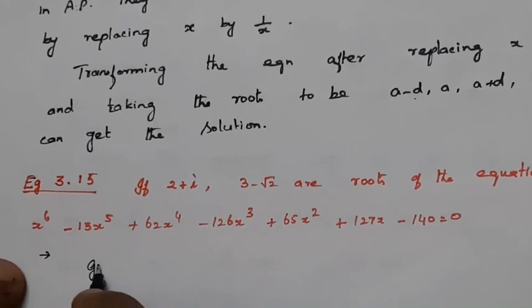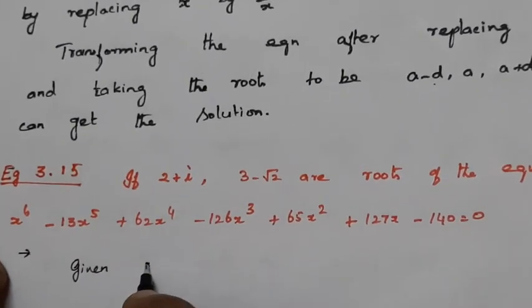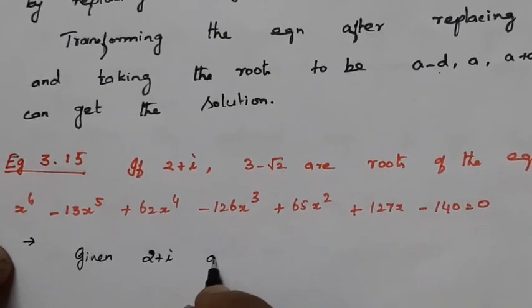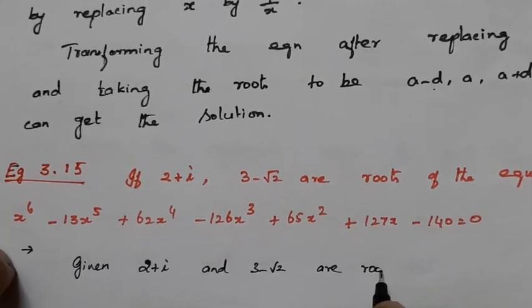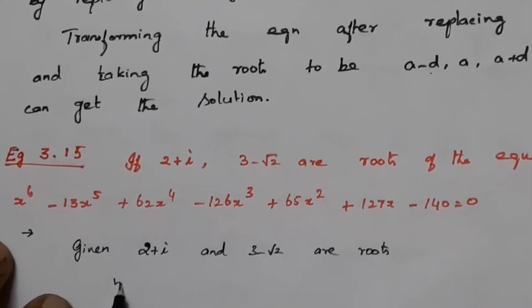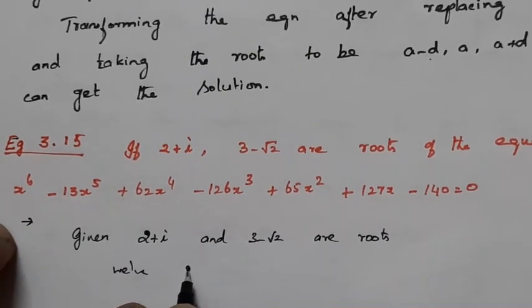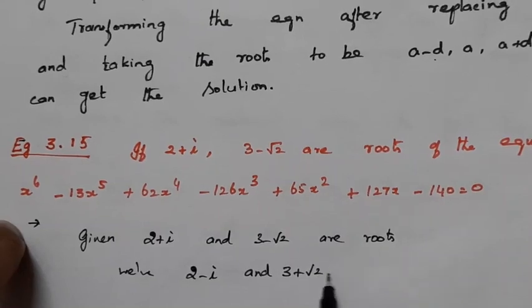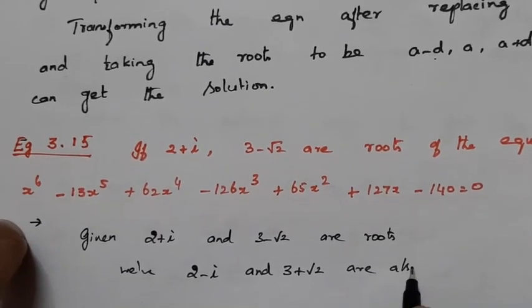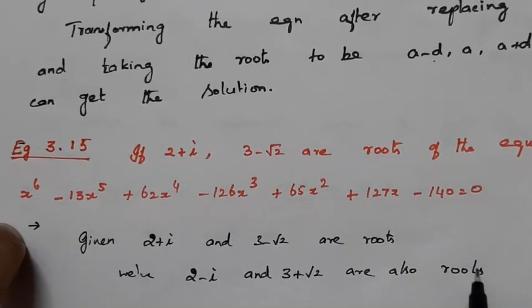So, to start with, given the roots 2 plus i and 3 minus root 2, we have 2 minus i and 3 plus root 2 are also roots.